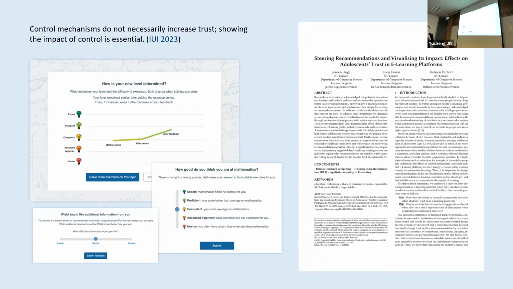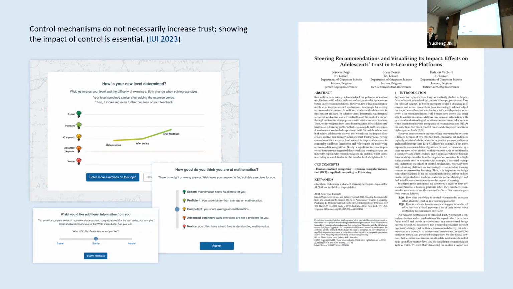It was a full point on a scale from 1 to 7, which is a big jump in our field. It shows that just adding the control mechanism is not enough to increase trust of students. Only when they see the impacts of their control does it have the effect that we desired, because that was the point of our study.